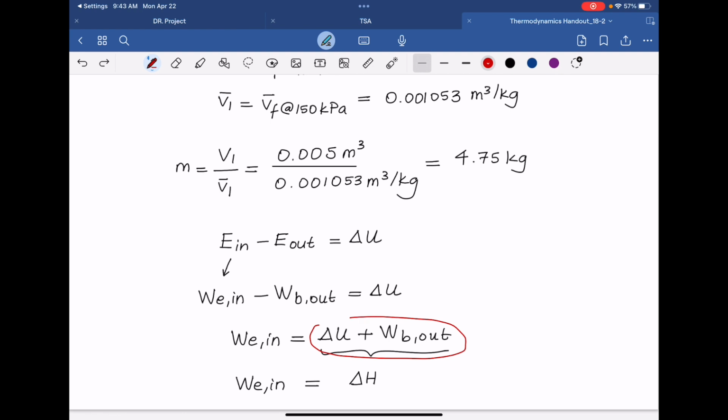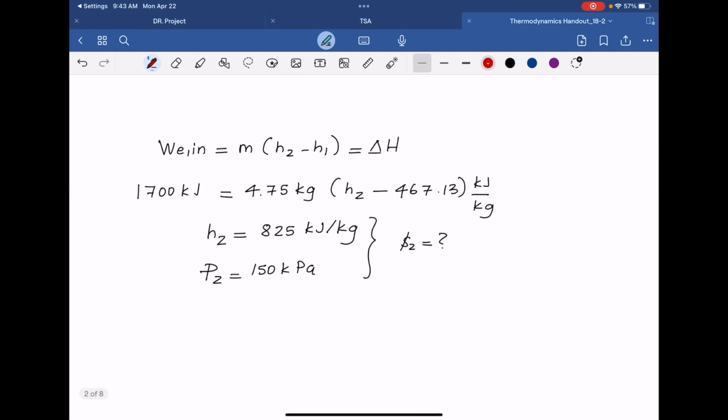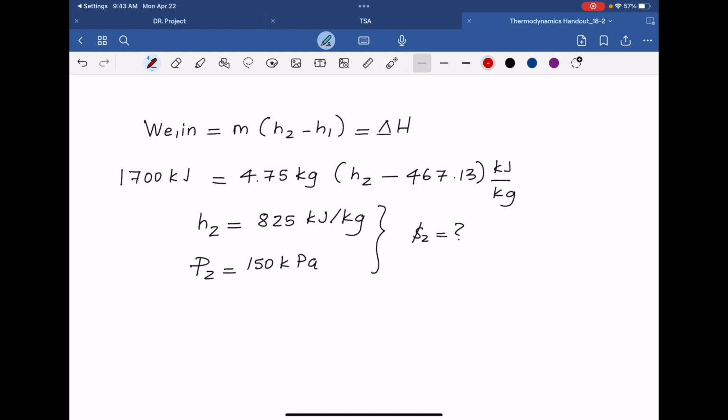So please don't assume that this is something you can apply to every situation and that every energy balance is equal to enthalpy change. No, this happens because we proved that before in our class, that in a constant pressure process, internal energy plus boundary work becomes enthalpy change. Okay, so just reminding you guys.